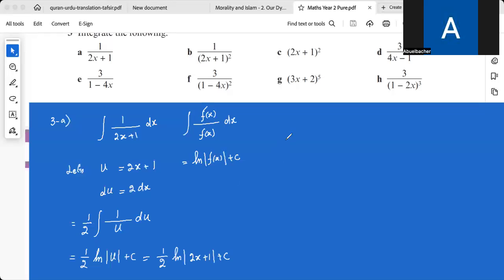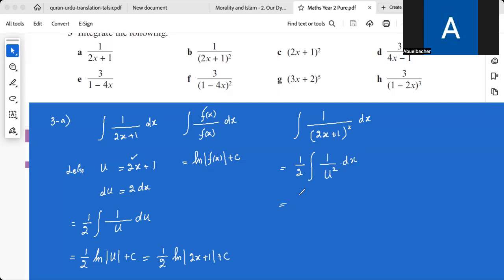Now, if, for example, we have this b, then we can try that this is 1 over 2x plus 1 squared dx. And again, we can use the same substitution. So in this way, what we are getting is 1 over 2 and the integral of 1 over u squared dx.